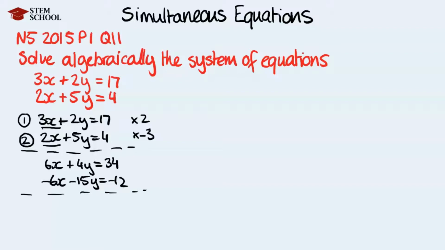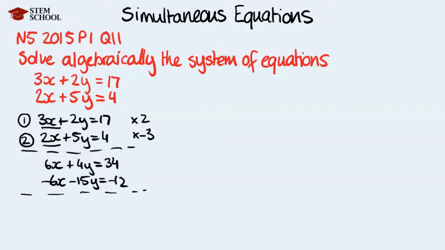We're now able to eliminate the x terms if we add both of these equations together, because we have a 6x and then we have a minus 6x. They'll eliminate, okay? So I could have easily chosen the y terms instead, because it's just based on preference. So I tend to think of it like just whatever pair of numbers is smaller, whichever pair of numbers is easier to multiply to get the same number in front of the variable.